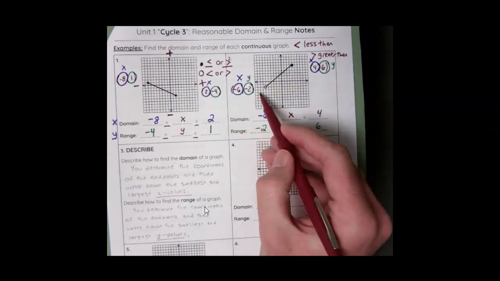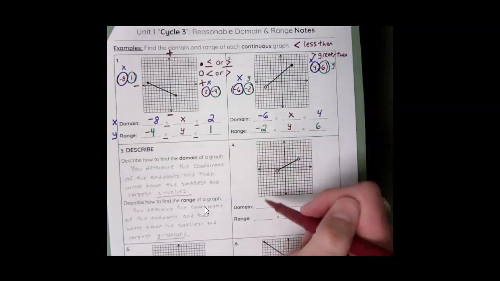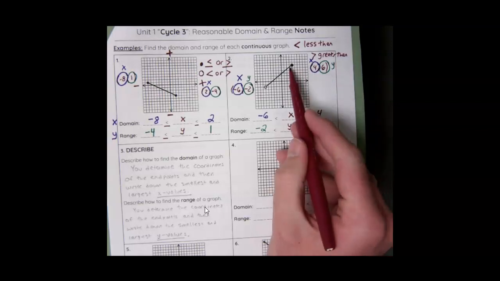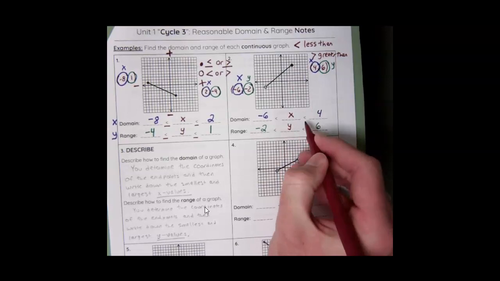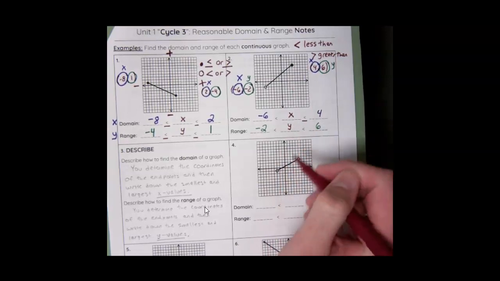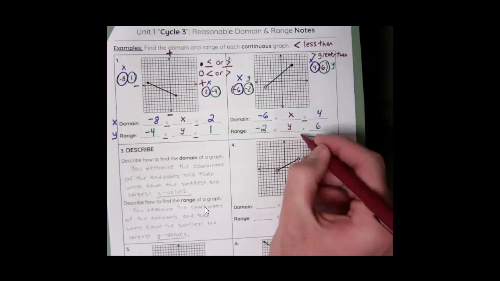Also, our range at negative 2 does not actually equal negative 2 because that is an open circle, so we leave that like it is. As for this one, our domain does actually equal 4 because it's a shaded dot, so we would put or equal to. Same thing with 6. Our range actually does equal 6, so we would put or equal to.